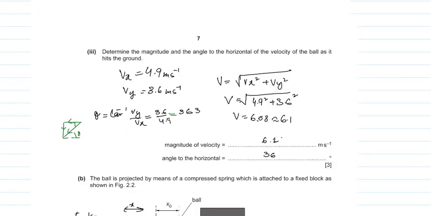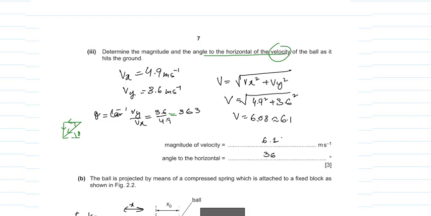Determine the magnitude of the angle to the horizontal of the velocity of the ball as it hits the ground. So there we need to find the velocity at the ground. We have Vx, which is 4.9 meter per second, which is given, and we have calculated the Vy component of the final velocity as 3.6.